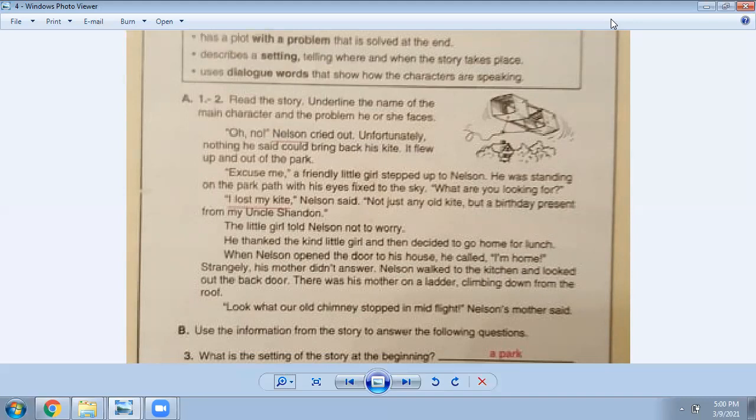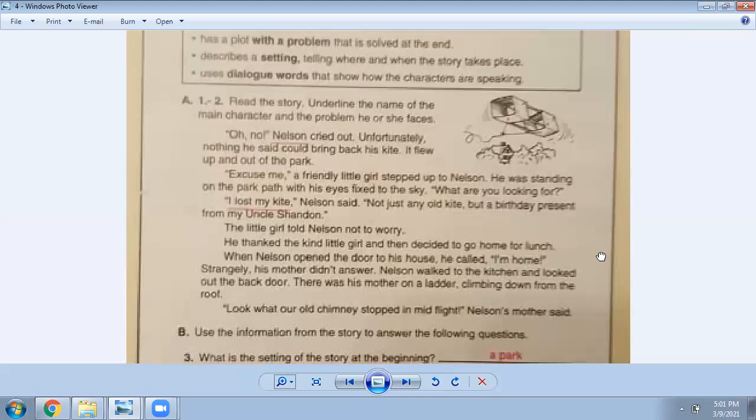The little girl told Nelson not to worry. He thanked the kind little girl and then decided to go home for lunch. When Nelson opened the door to his house, he called, "I'm home." Strangely, his mother didn't answer. Nelson walked to the kitchen and looked out the back door. There was his mother on a ladder, climbing down from the roof. "Look what our chimney stopped in mid-flight," Nelson's mother said.